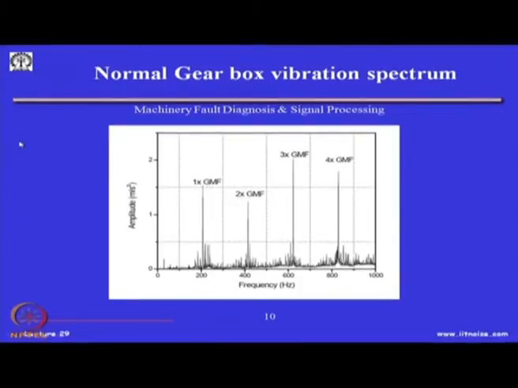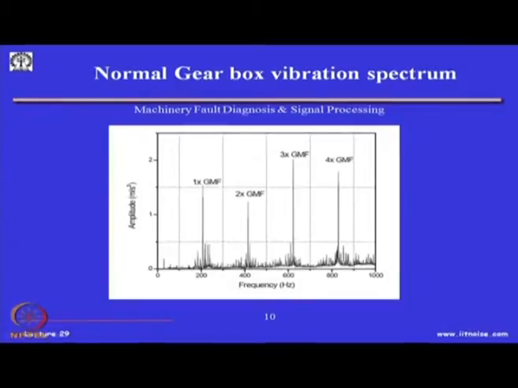I will just give you a relative feel: this is a normal gearbox frequency spectrum. You will see from 0 to 1000 in the gearbox which I had shown in the laboratory simulator, and this is the amplitude of the vibration measured at the bearing location, or sometimes on the gearbox casing. You will see these gear sidebands around the gearbox frequencies, and these are characteristics of the gearbox signals.